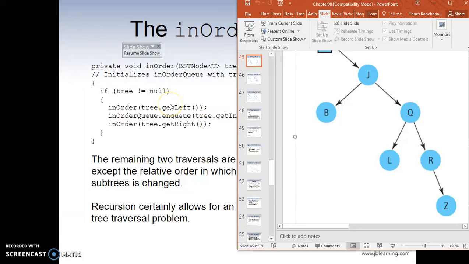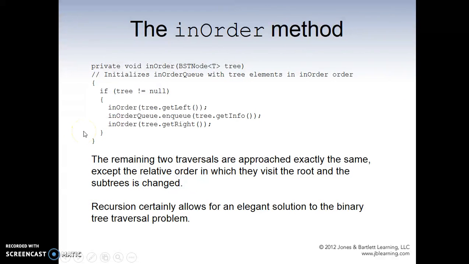R.getLeft is null, do nothing, then enqueue R. Right, R.getInfo, then R.getRight, which is Z. Z is in, Z.getLeft is null, do nothing, then enqueue Z is done. Then Z.getRight is null, do nothing. So that's how we get in order: B, J, L, Q, R, Z. That's how we do in order.